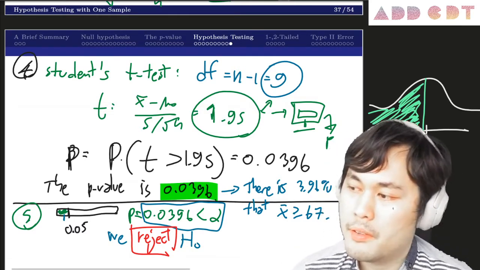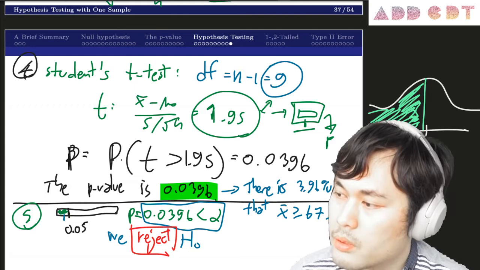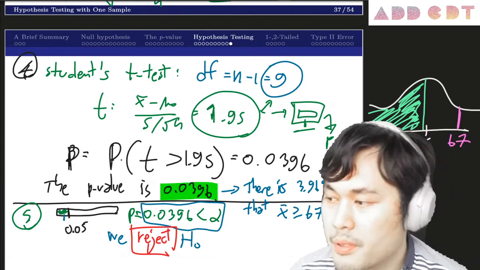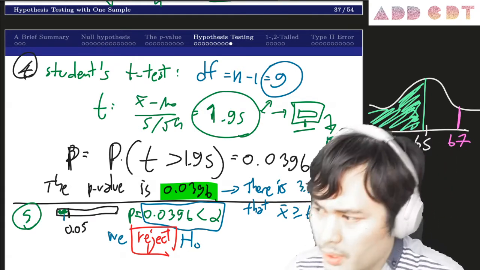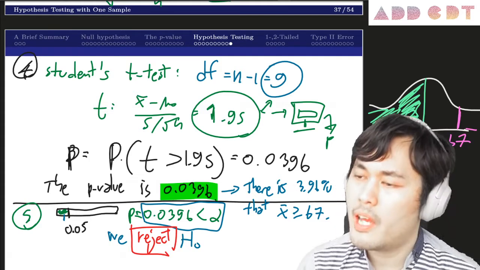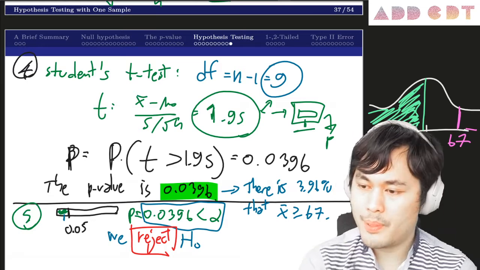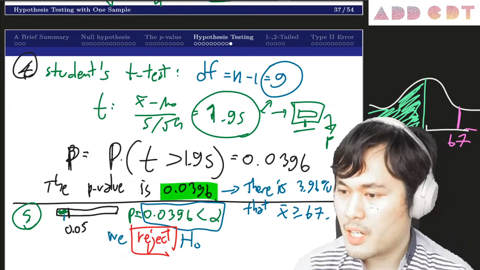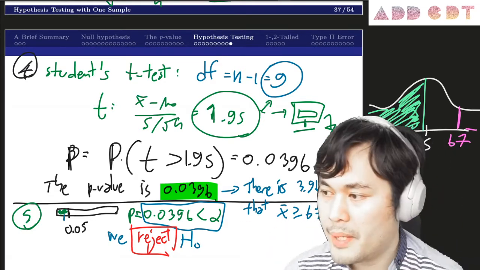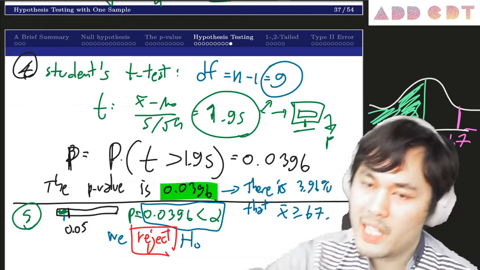But this single evidence, this single sample, is against this. The sample says no, the number should be higher, and that number is not just a little bit higher; it's pretty high from the baseline at 65 that we set up at the beginning.